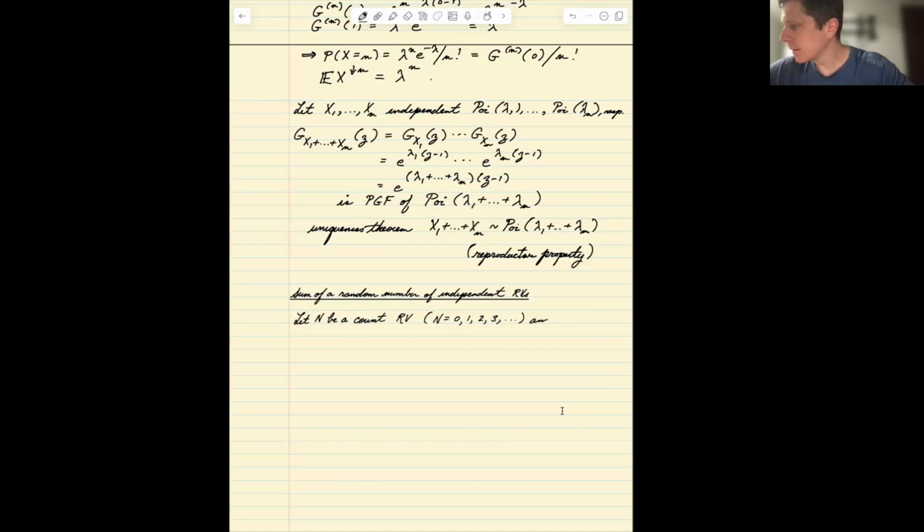And we're going to let X1, X2, etc. be an IID sequence of random variables such that N, X1, X2, etc. are all independent of each other.